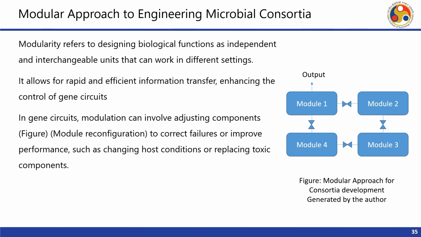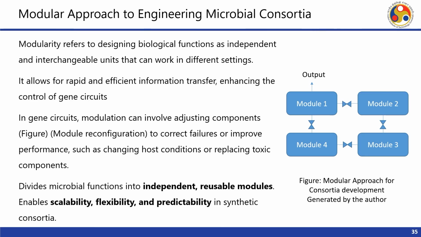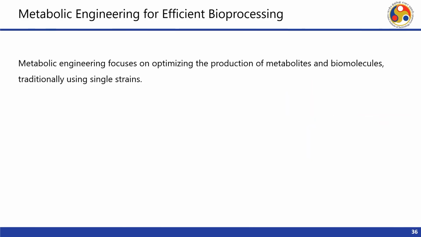So, here you see there are 4 modules: 1, 2, 3 and 4. Module reconfiguration is important to correct failures or improve performance, such as changing host conditions or replacing toxic components. It divides the microbial functions into independent reusable modules, enabling scalability, flexibility and predictability in synthetic consortia.